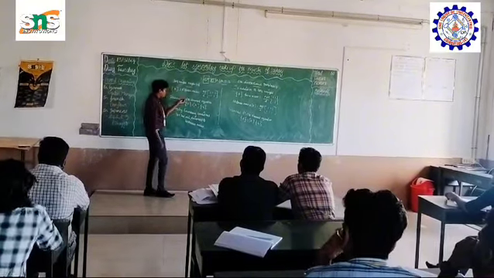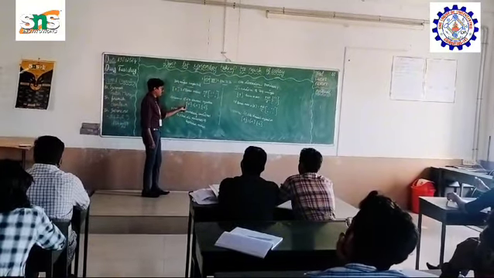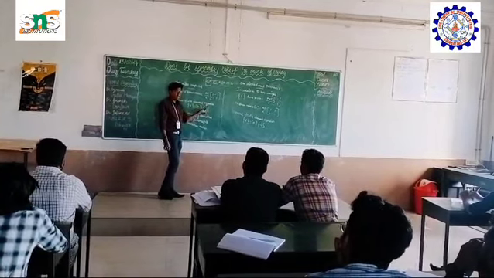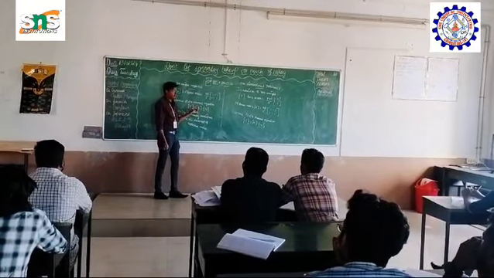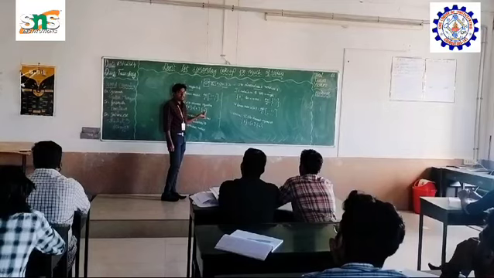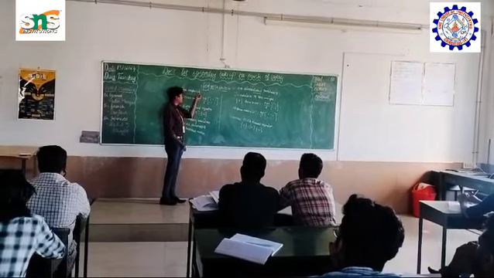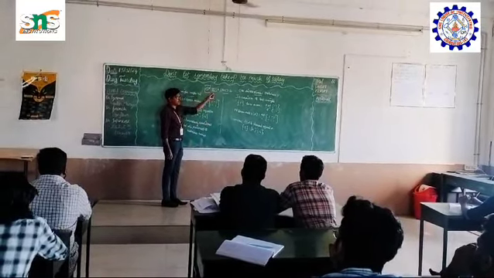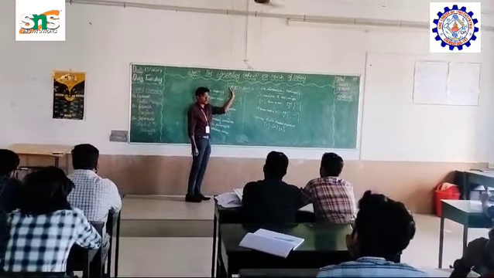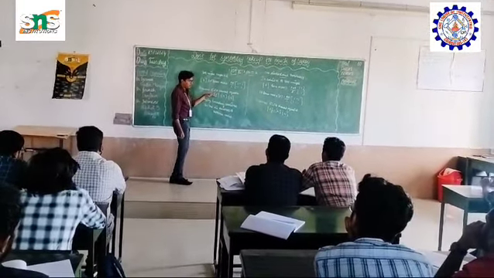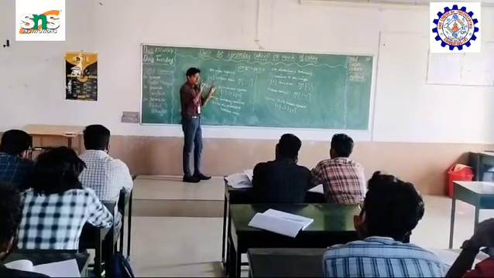Then we apply the equation F equals K into U. Here F is the force, K is the stiffness, and U is the displacement for each node, for example U1, U2 and U3. After applying this formula, you get a matrix equation.